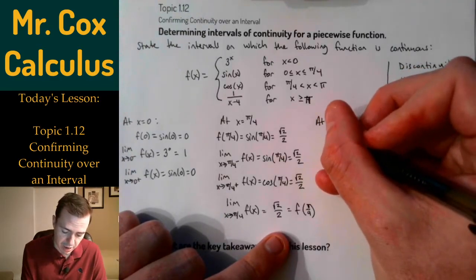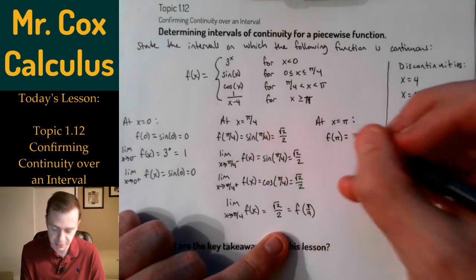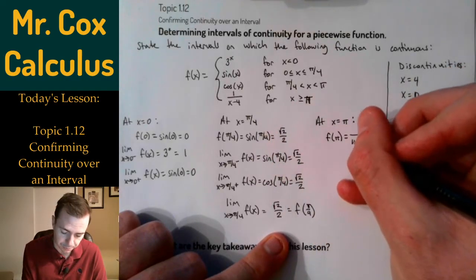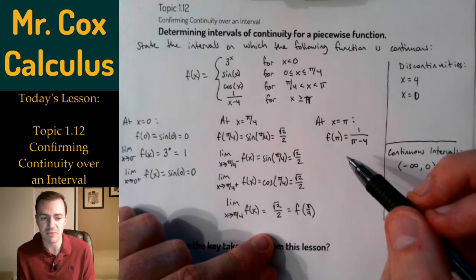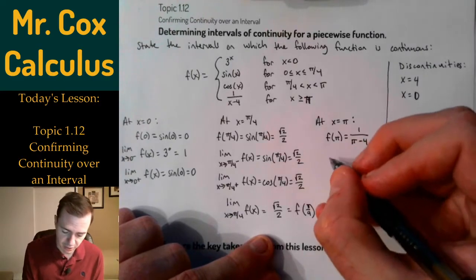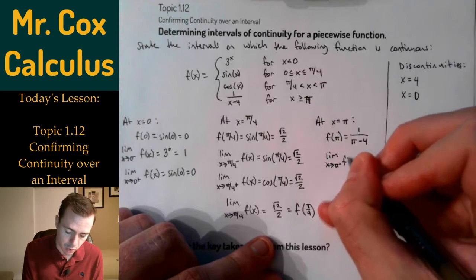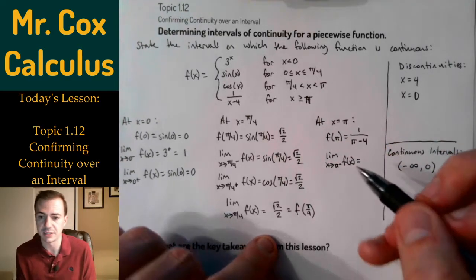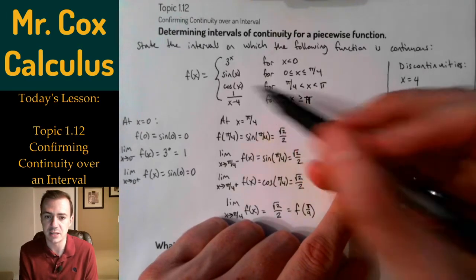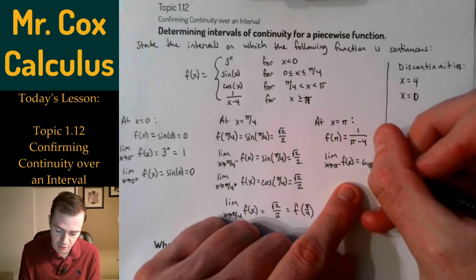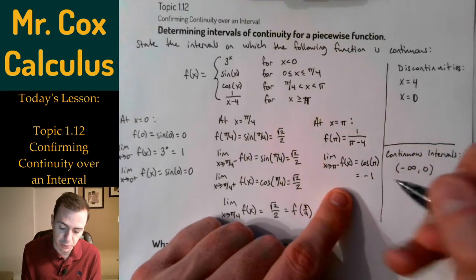Okay, now let's take a look at what happens at x equal to pi. So at x equal to pi, I know right off the bat that f of pi is equal to 1 over pi minus 4, which is some negative value, but it's some value right there. Now let's take a look at the limit as x approaches pi from below of f of x. For values less than pi, we're looking at the cosine of pi, which is equal to negative 1.